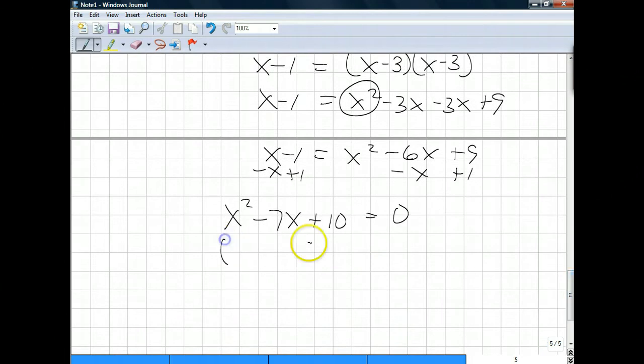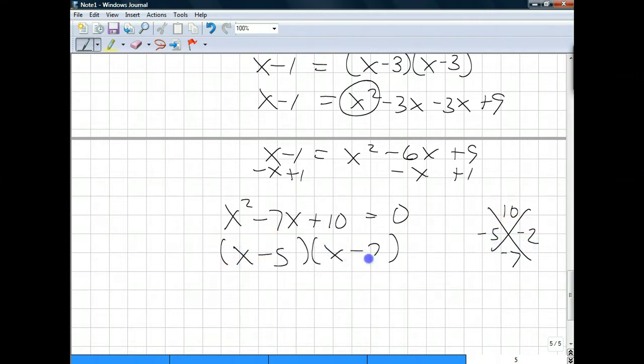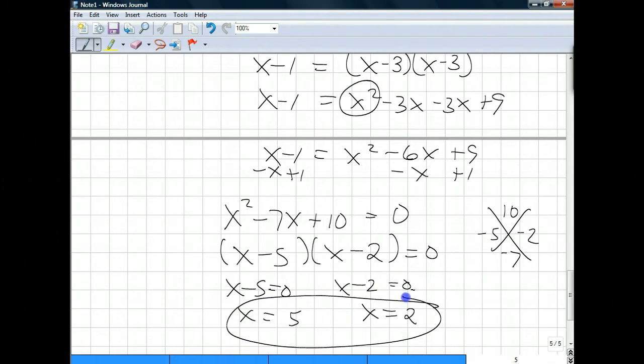So now we're going to factor. So what multiplies to 10 but adds up to negative 7? So it's going to be negative 5 and negative 2. So it's x minus 5, x minus 2 equals 0. Set each factor equal to 0. So I get x equals 5 and x equals 2. Now we have to check our solutions.